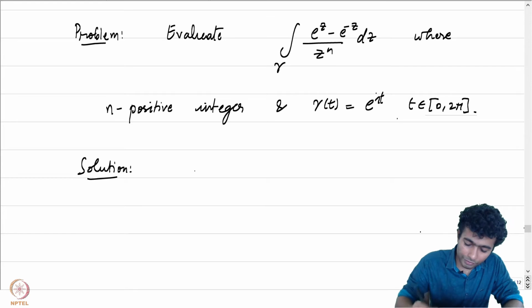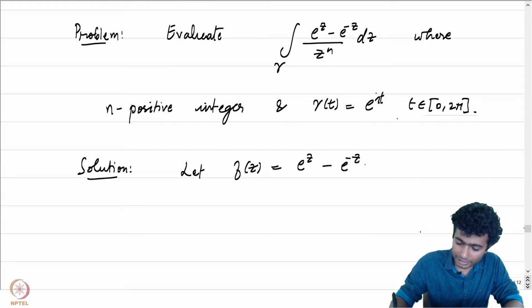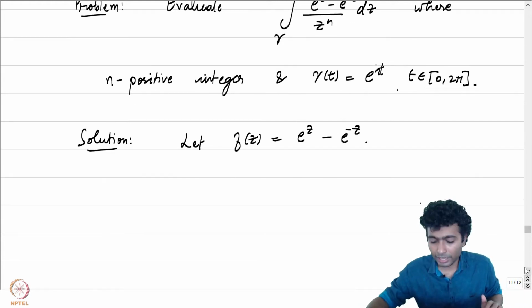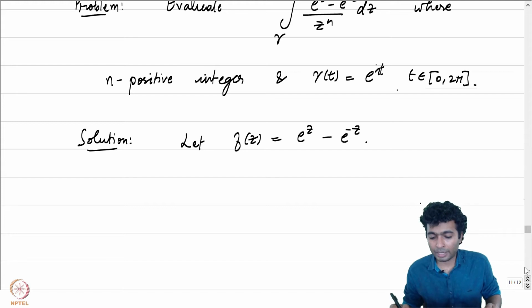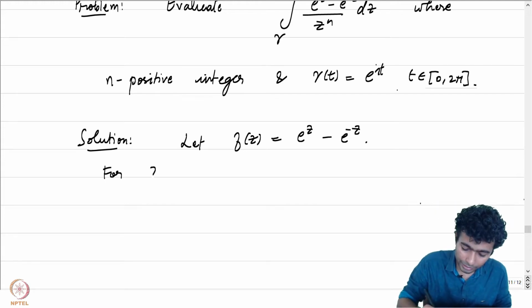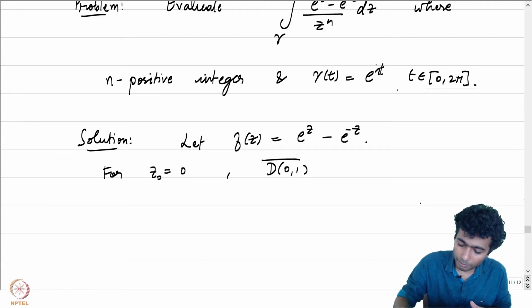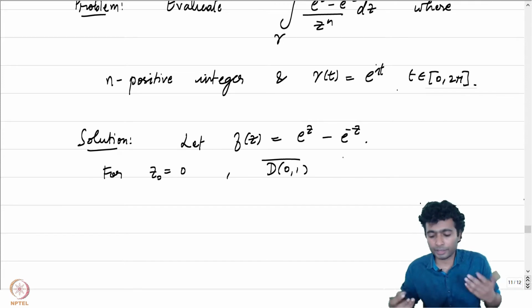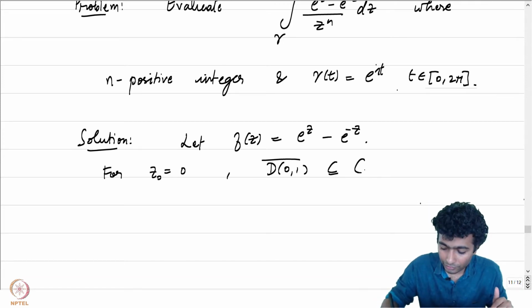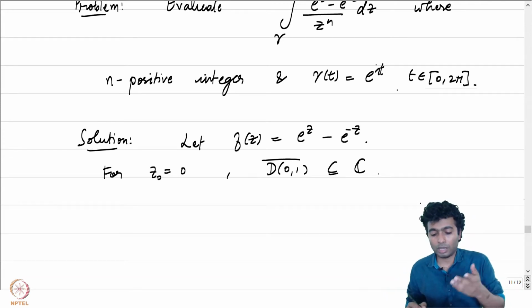Let us call f of z to be equal to e to the power z minus e to the power minus z. The first thing to note is that f is an entire function, and because of that, for z0 equal to 0, the closed unit disc is certainly contained in the domain of definition of f of z.